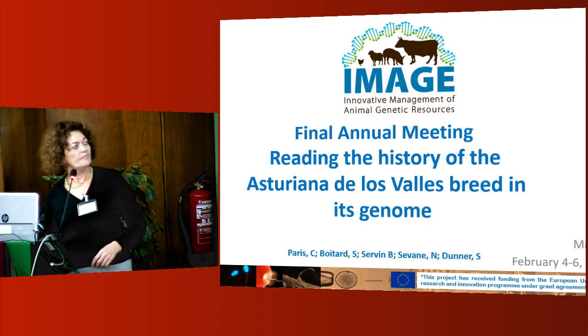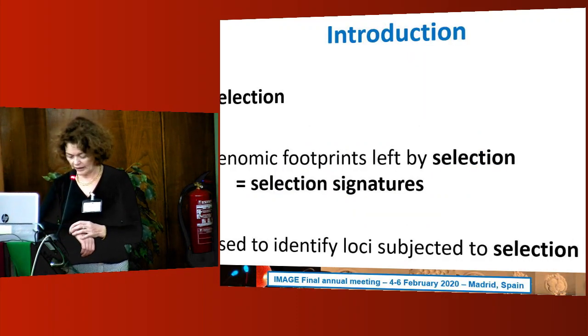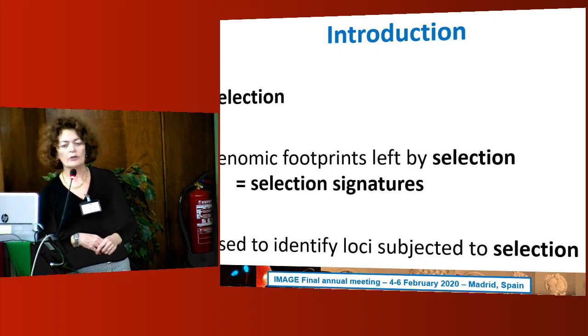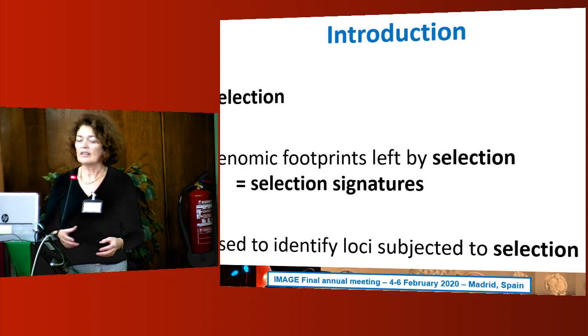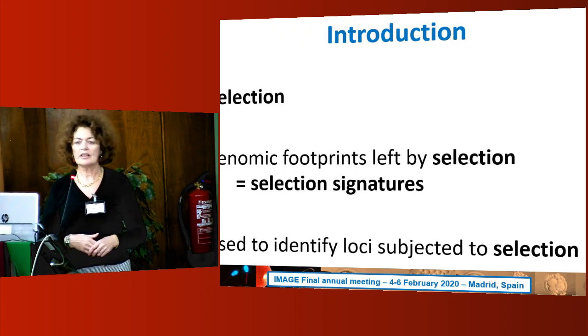Okay, I'm going to initiate this talk very simply with very basic knowledge about artificial selection. We know that humans have driven selection since domestication, and this selection has left very variable signs in the genome.